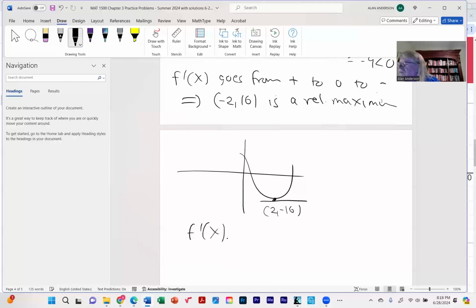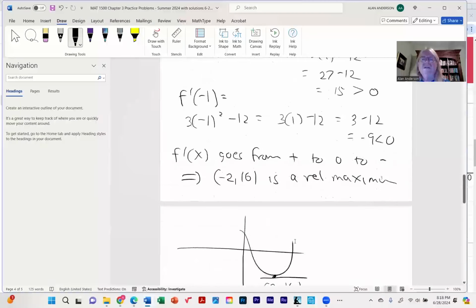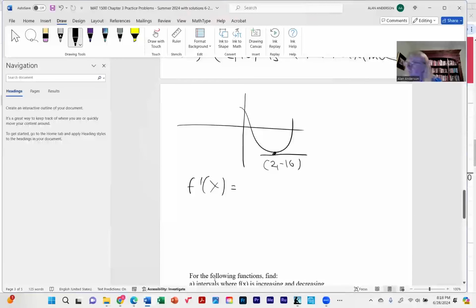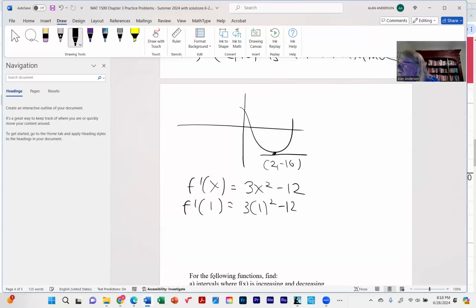So first, a quick reminder, the first derivative is 3x squared minus 12. Let's look at 1. That 1 is slightly to the left of 2. It's negative.